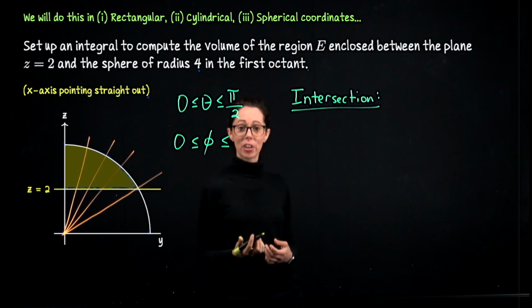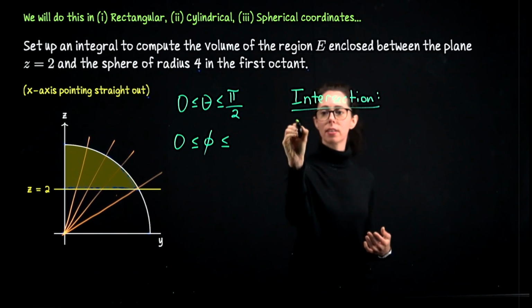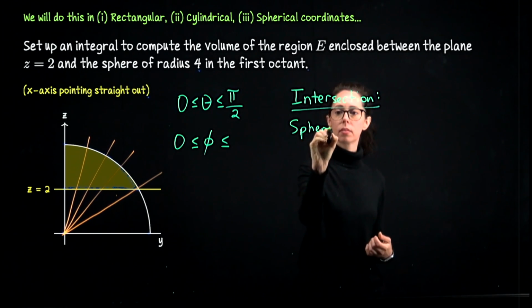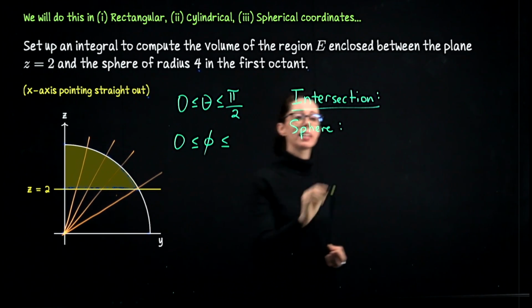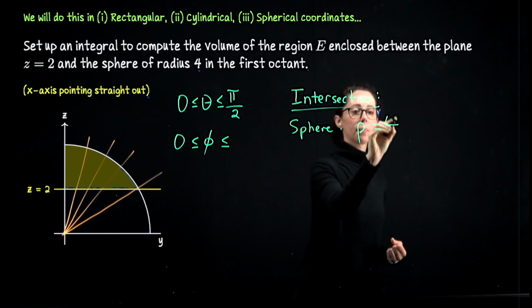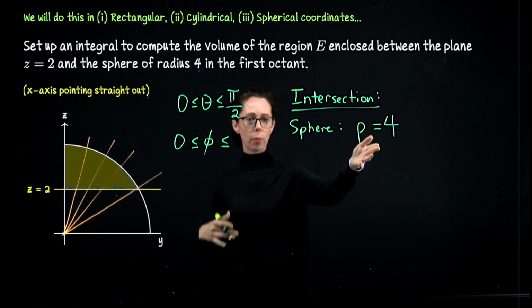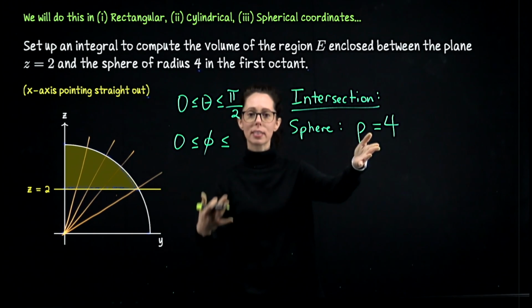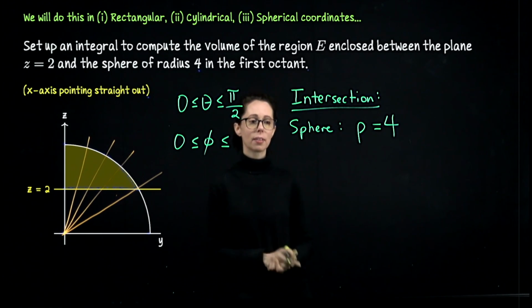A sphere in spherical coordinates is very fast to describe because the coordinate system was designed for spheres. In spherical coordinates, the sphere of radius 4 is rho equals 4. This is analogous to the expression x squared plus y squared plus z squared equals 16 in rectangular coordinates. In spherical coordinates, it's just this.